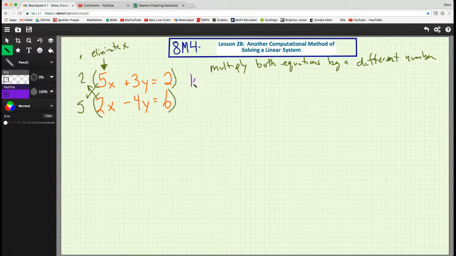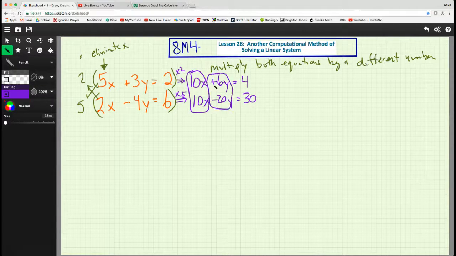I get 10x plus 6y equals 4. And I multiply this one by 2. I'm going to multiply this bottom one by 5. And I get 10x minus 20y equals 30. Well, if I add down, these don't eliminate and these don't eliminate, but I do have the matching coefficient.